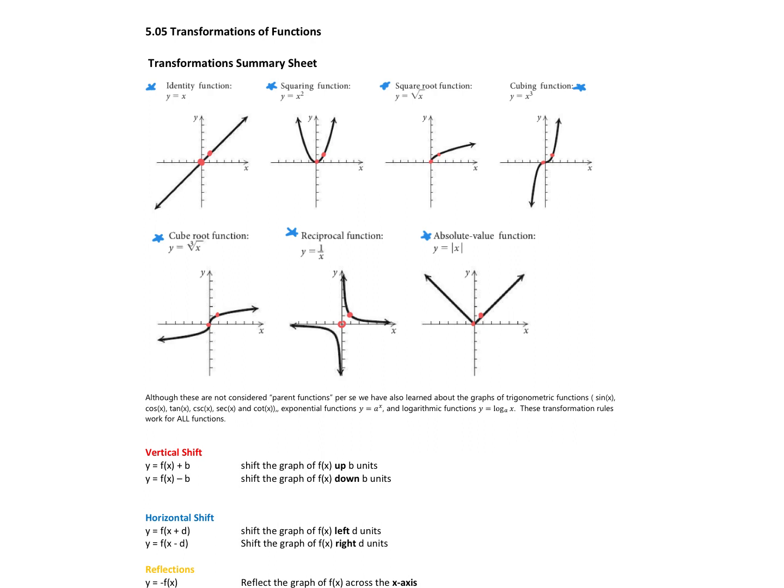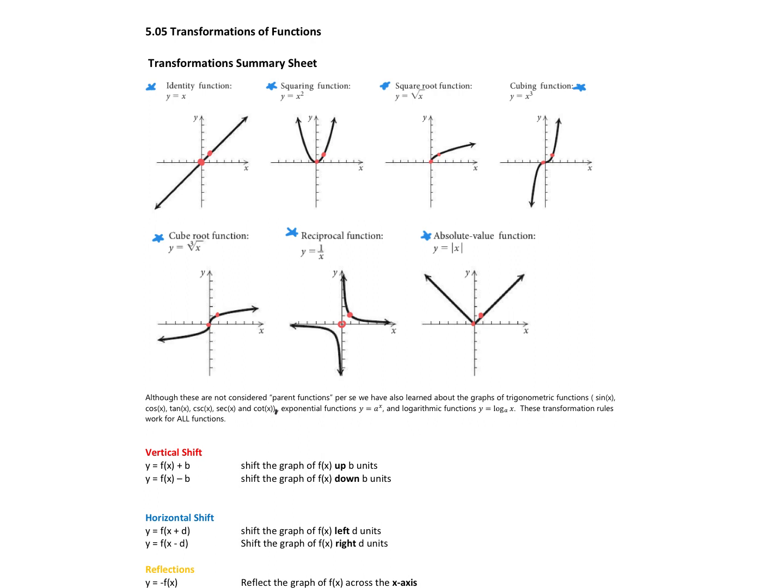So these are parent functions, and we've learned about the graphs of trigonometric functions, sine, cosine, tangent, cosecant, secant, and cotangent, exponential functions, and logarithmic functions as well. And all the transformation rules that we have work for all functions.